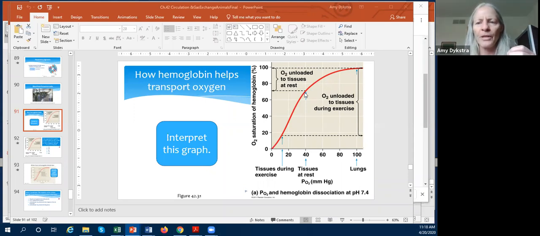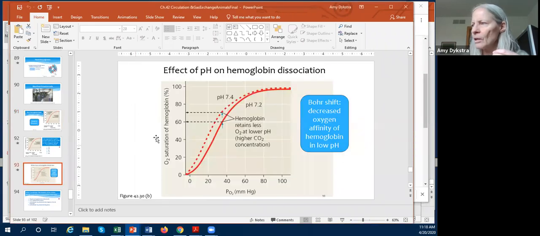So the variables that affect the hemoglobin's ability to attach to oxygen are the partial pressures of oxygen and the acidity. And if we go to this graph that shows the hemoglobin dissociation at different pHs, again, on the x-axis, we have oxygen concentration, but you'll see that that curve is displaced downward if we have a lower pH.